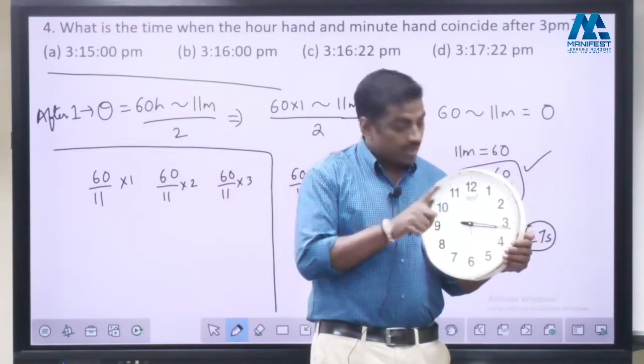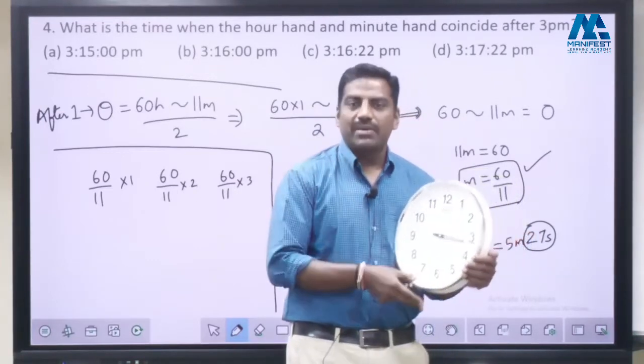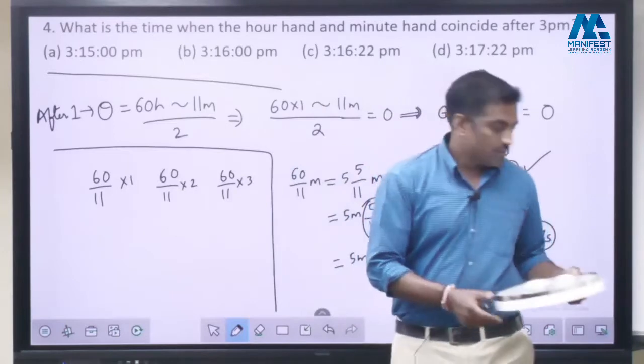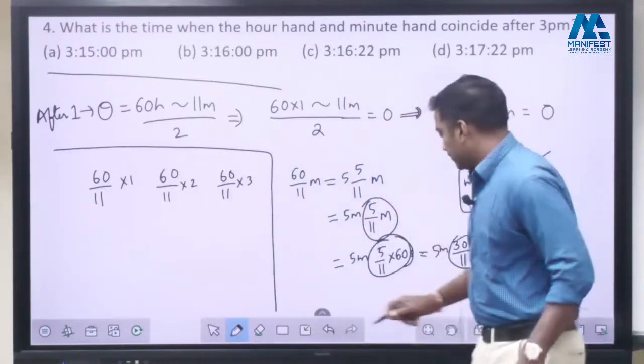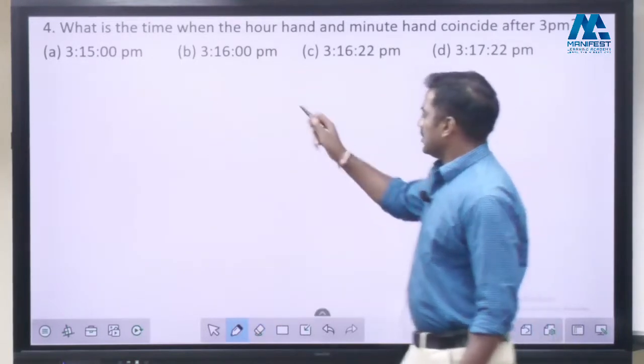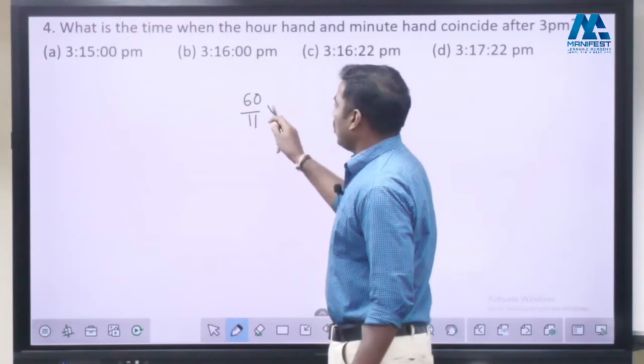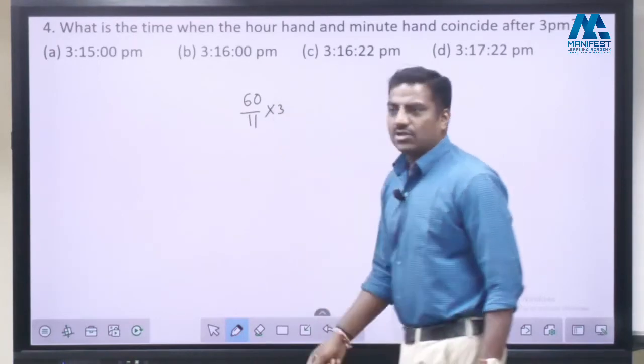After 3 o'clock, the minute hand has crossed 3. Take that 3 and multiply by 60 by 11. So 60 by 11 into 3, because the minute hand has crossed 3.